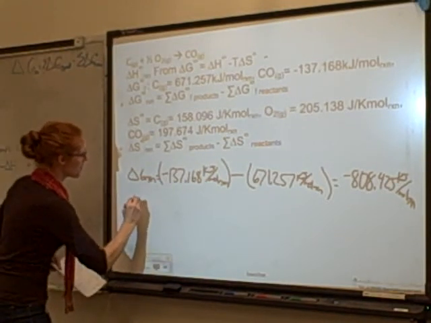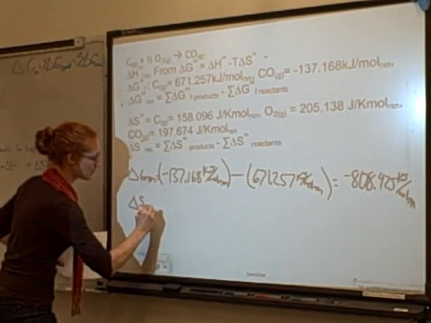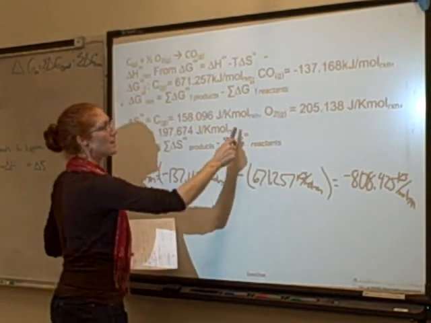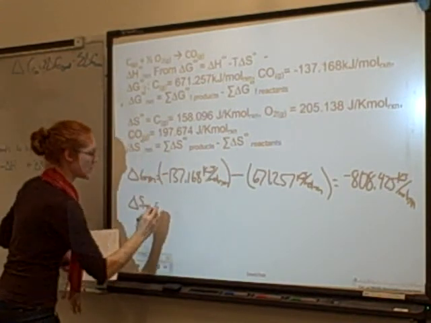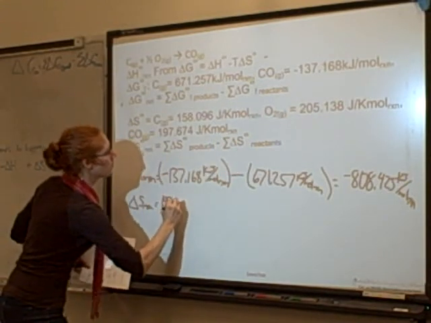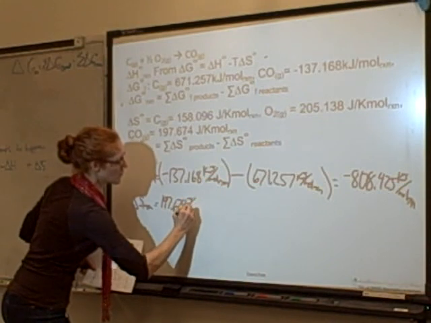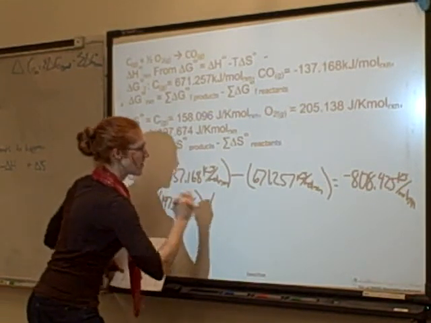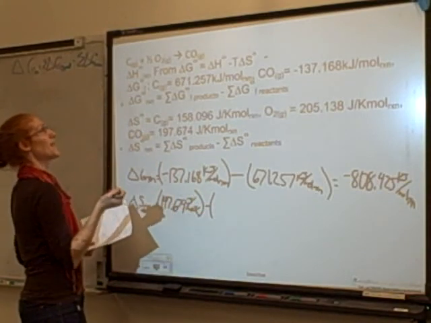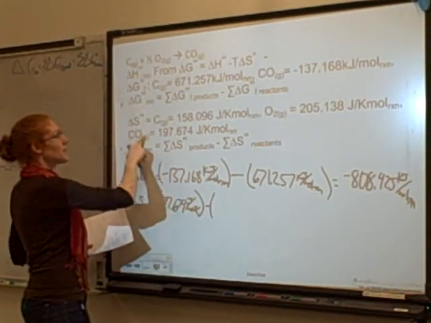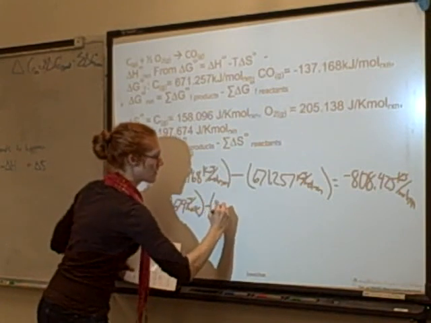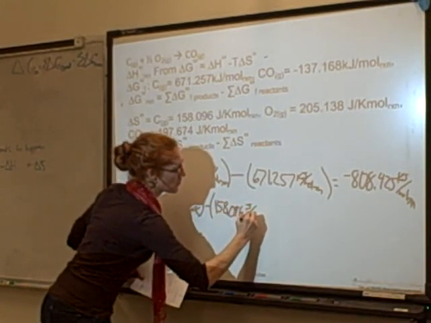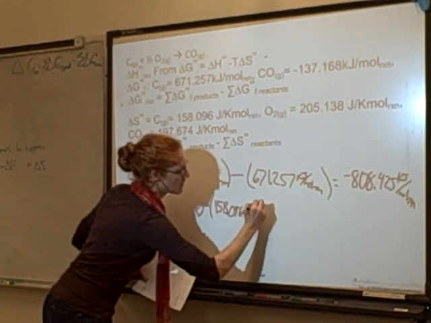So how much is matter becoming more organized or less organized? So change of entropy of the reaction equals entropy of the products, 1 mole of carbon monoxide. That is 197.674 joules per mole Kelvin. Okay, minus our reactants. Our first reactant is going to be carbon gas, 158.096 joules per mole Kelvin.